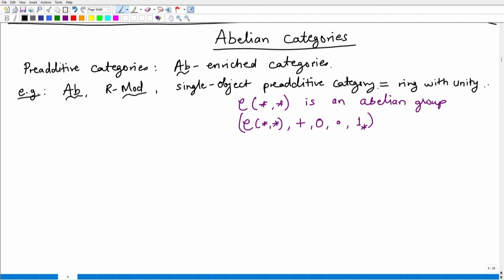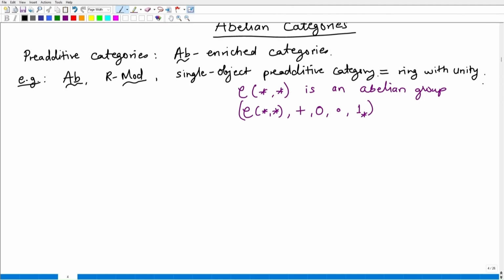Okay, let us do something more. There are other names also, but let me just say that. Set-star is a monoidal category with respect to smash product.